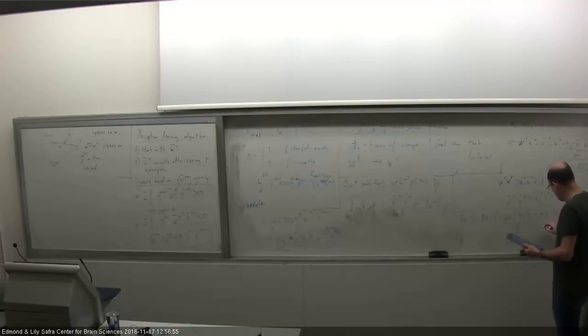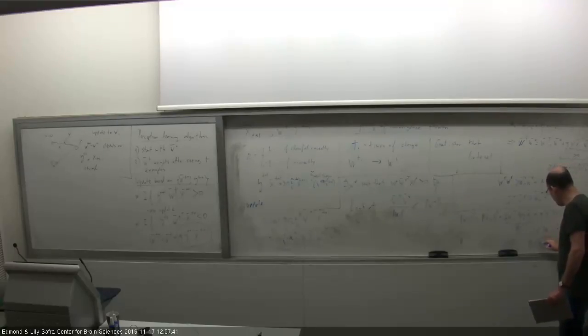It's smaller than Wi minus 1 squared plus some b, where b, I guess, is the maximum of this over all examples.